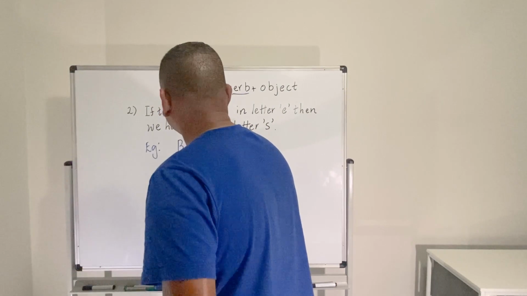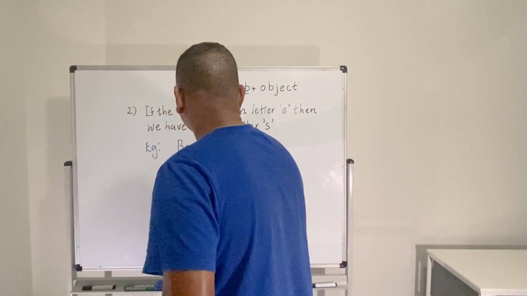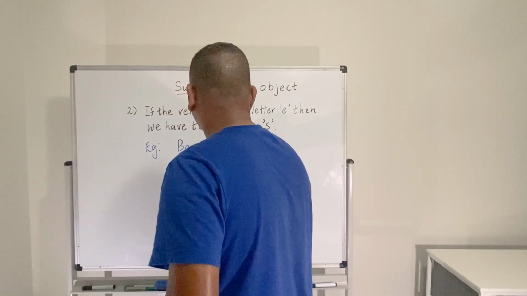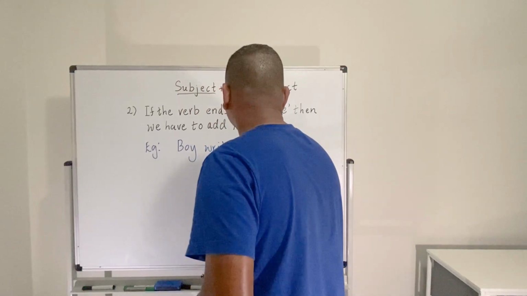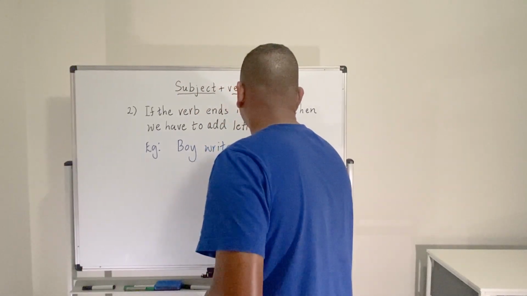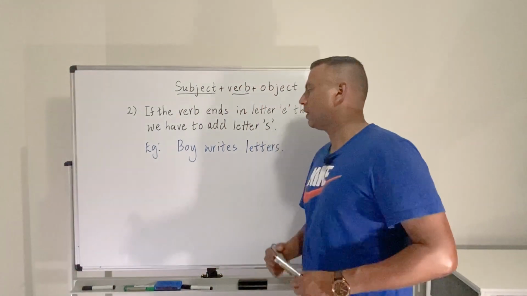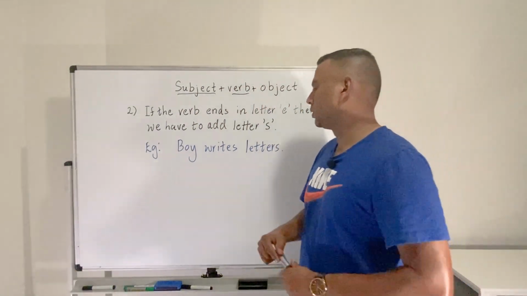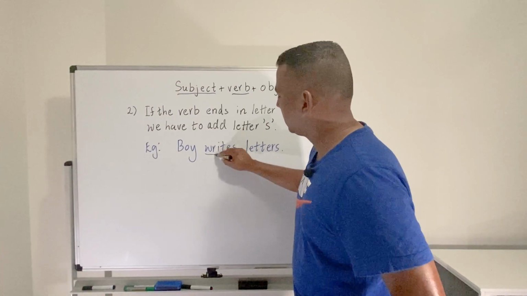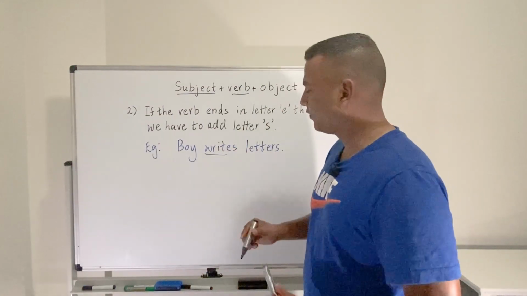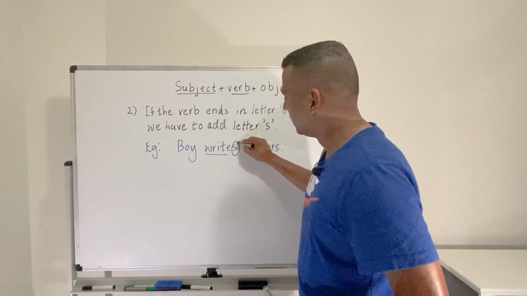Okay, so as an example, boy writes letters. Okay, මේ ළමයා අකුරු ලියනවා. So here now write is the base form. So what we have added, we have just added s.